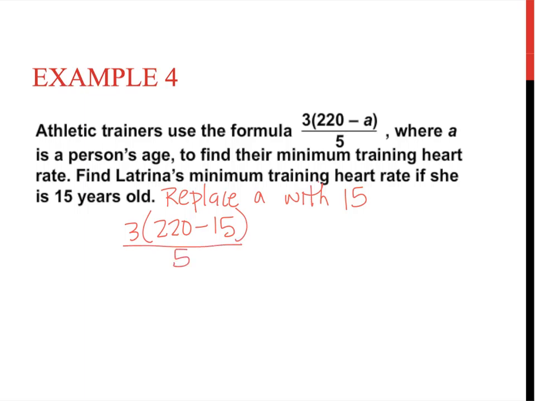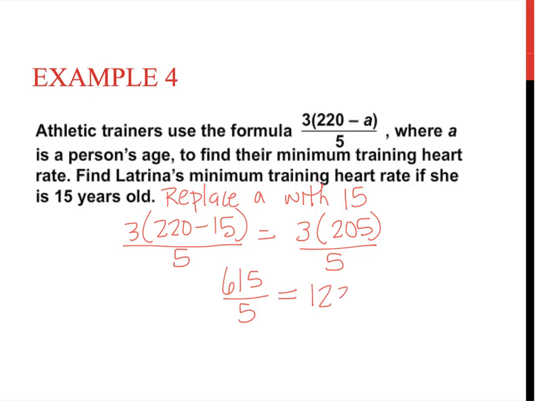So the first thing we're going to do is inside the parentheses, we're going to subtract. So that becomes 3 times 205 divided by 5. And the next thing we're going to do is multiply. 3 times 205 becomes 615 divided by 5. Now we're going to divide, and that becomes 123.